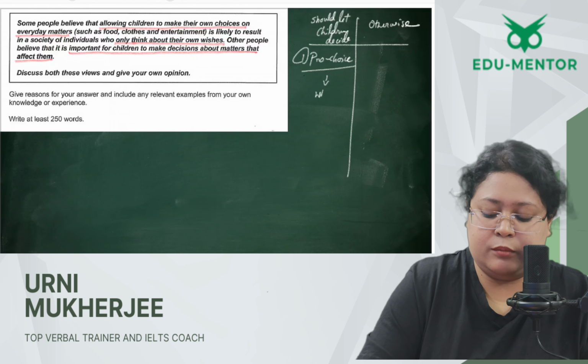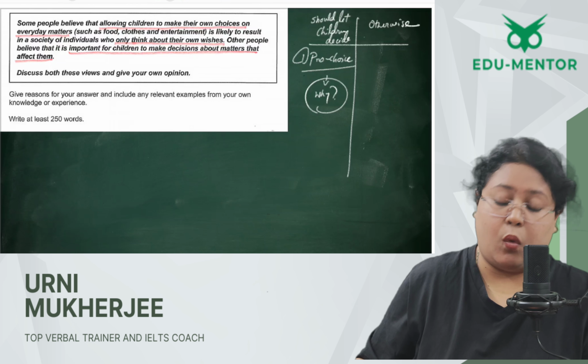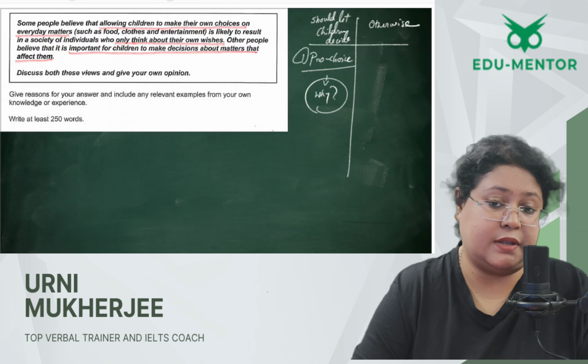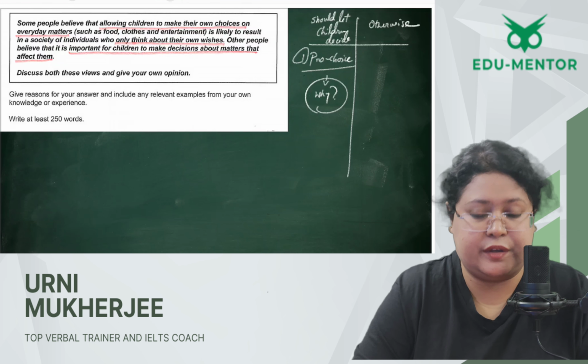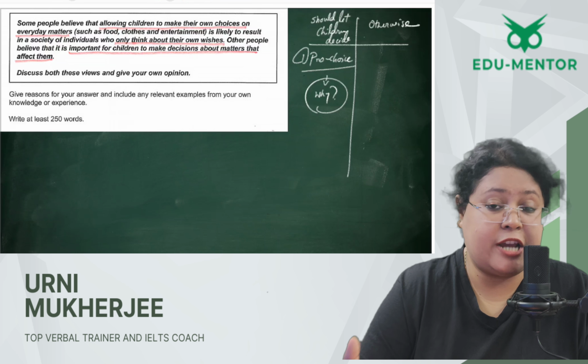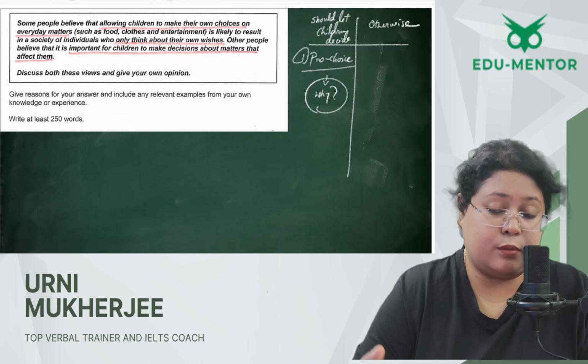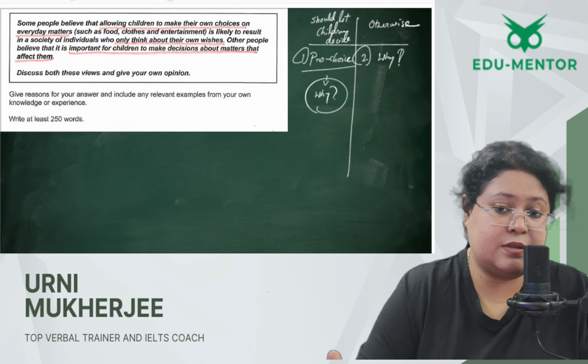If you're more pro-choice, you would be giving the reasons why. Why are you pro-choice? Why do you think children should get to decide about the basics, about their choices of food, clothing, and entertainment early on in life, and how it can maybe shape them as individuals as they grow older? And how do you think it should not be or might not be the best idea, right?